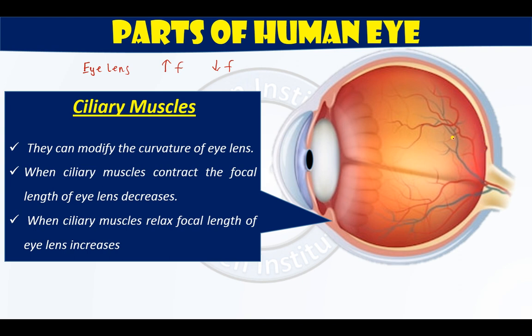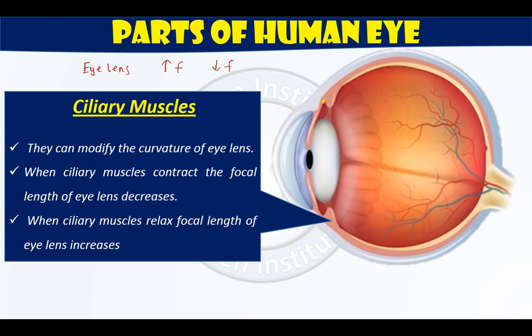But who increases or decreases the focal length? You can compare that here. The size of the pupil can be more or less, but the size is controlled by the iris. In the same way, the focal length of the eye lens can be more or less, but that is controlled by the ciliary muscles.